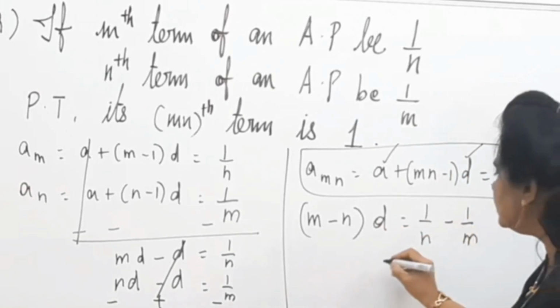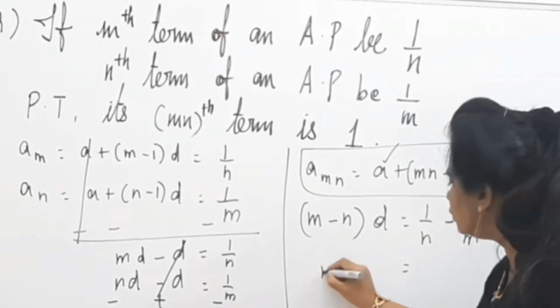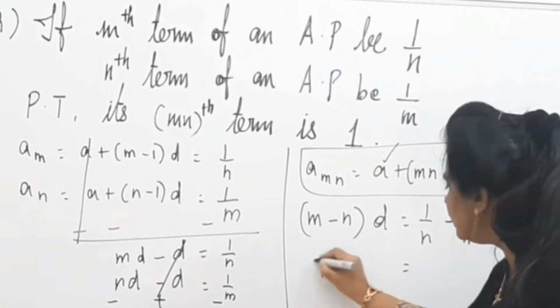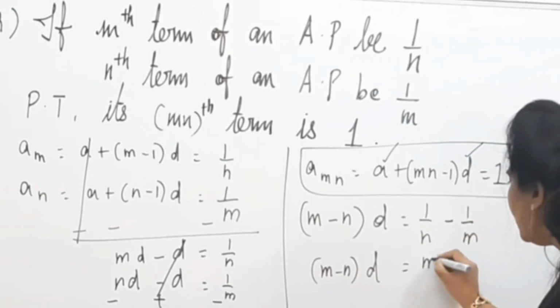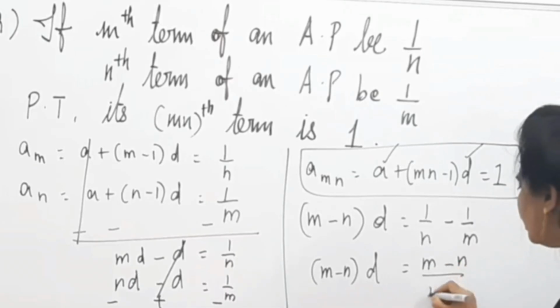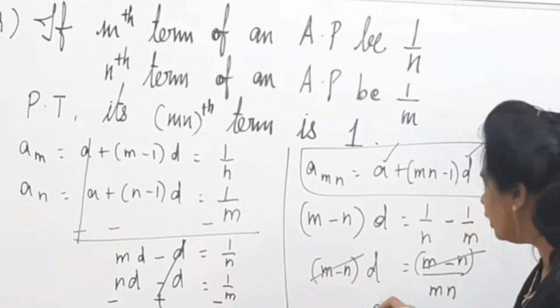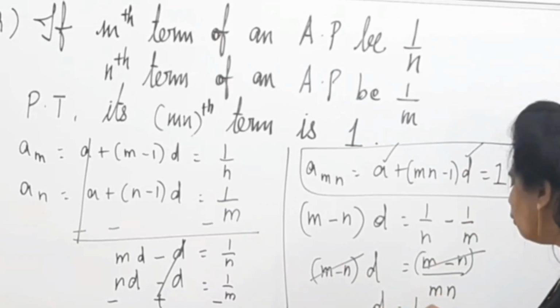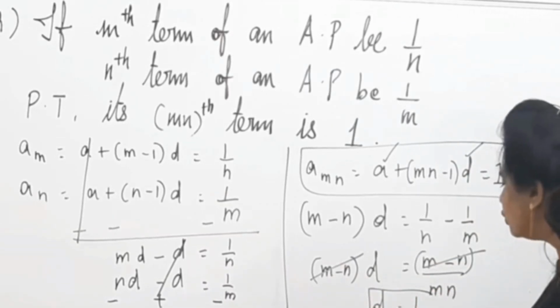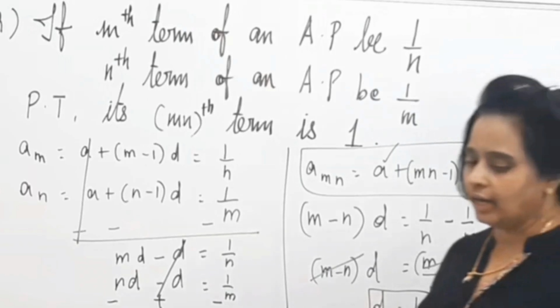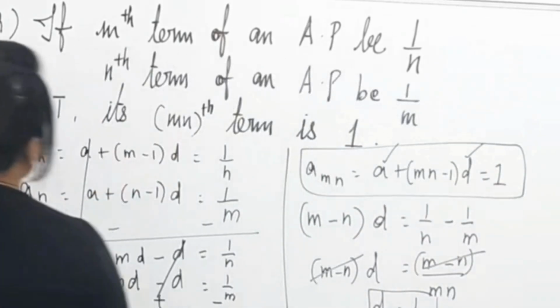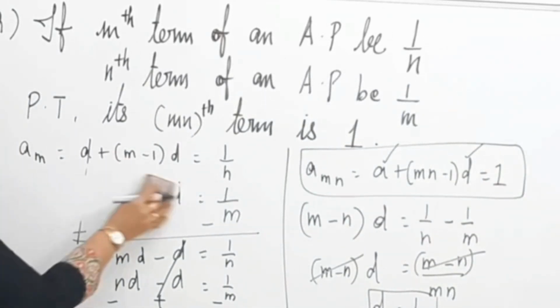Now I have to get my d here. So let me take the LCM. So m minus n into d is equal to m minus n divided by mn. So this gets cancelled. So my d is equal to 1 by mn. I got my d. Now I have to get my a. So substitute in any one of the equations.